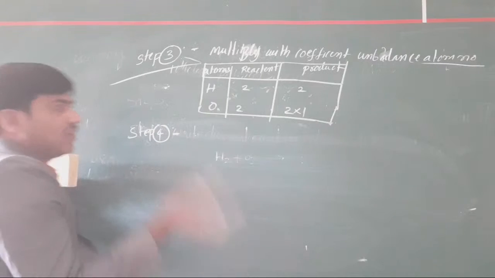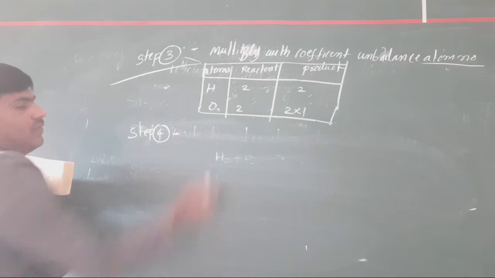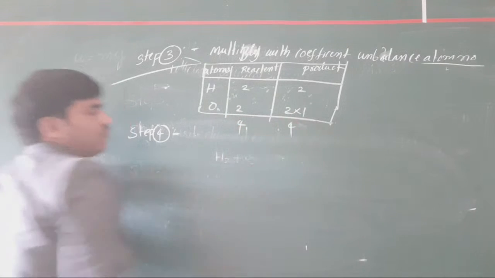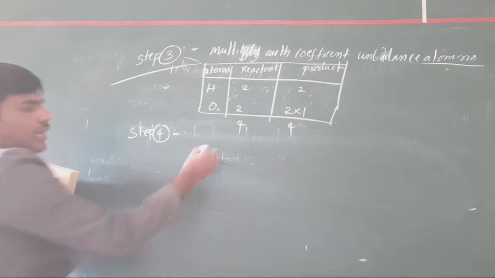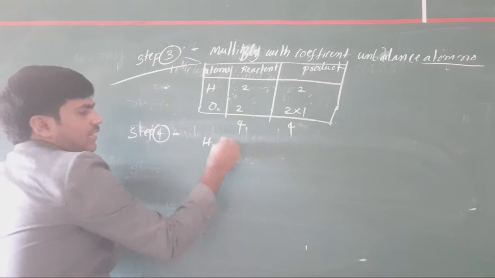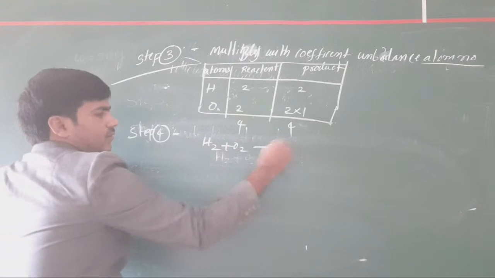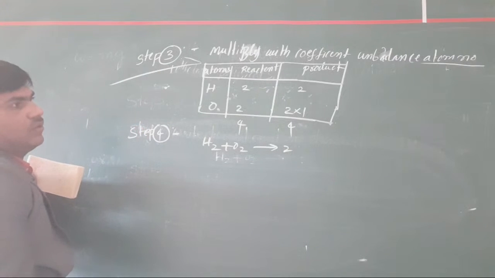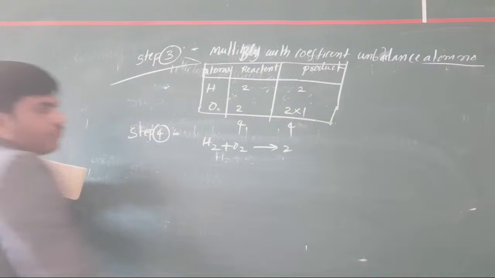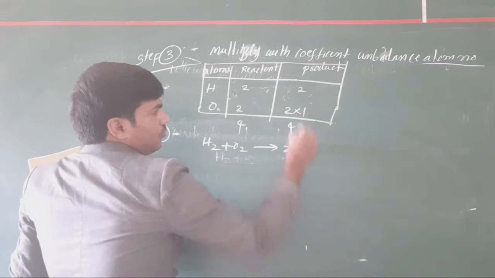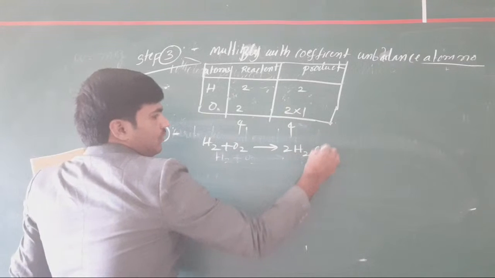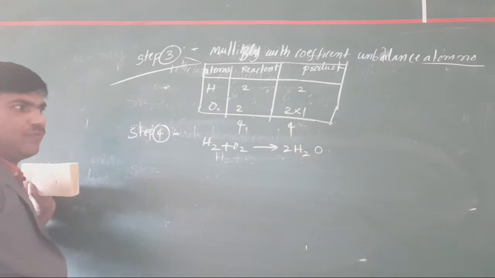Here it is 4 and here it is also 4. Now you write our equation, our skeleton equation like that. What you conclude here: when you multiply here 2 into H2O, automatically 2 H2O will be obtained.